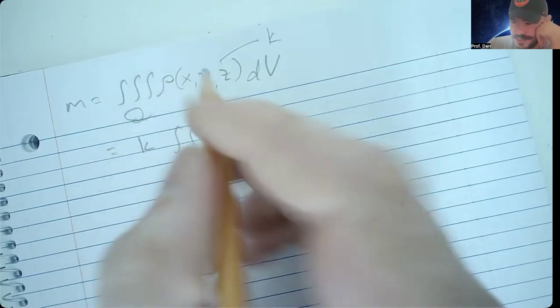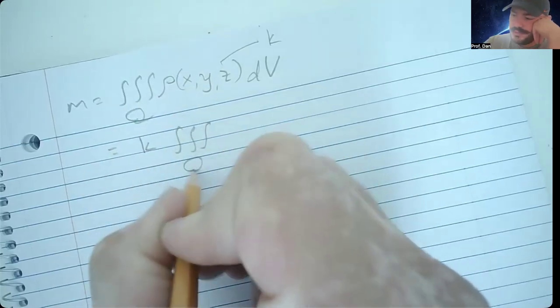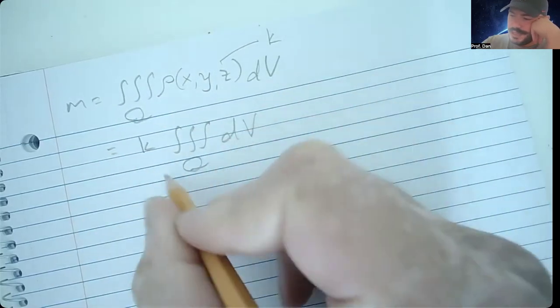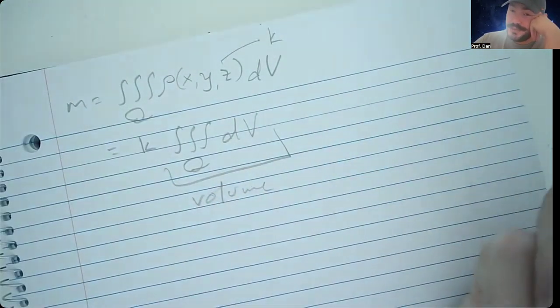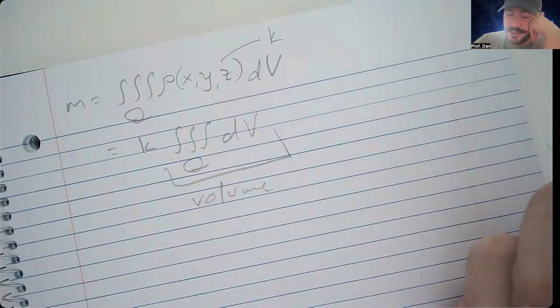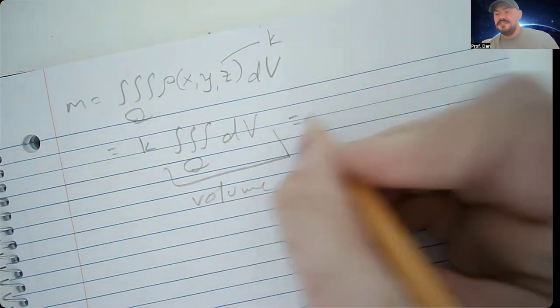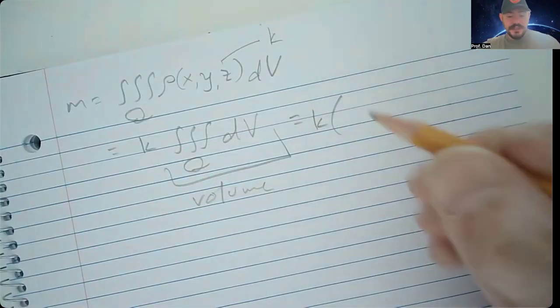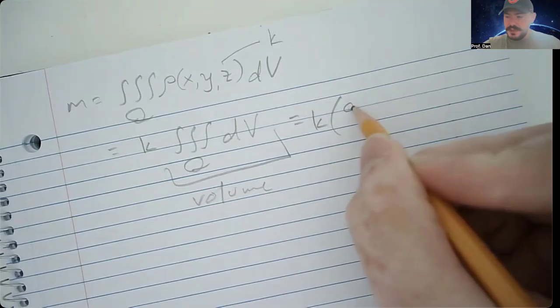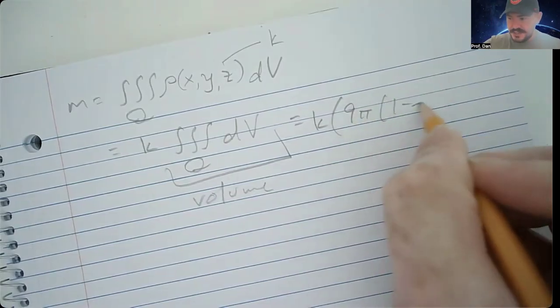I can pull it out front of the integral. And guess what this is, y'all? It's the volume. And guess what we found in the last example? We found the volume. So this is literally just going to be K multiplied by the answer that we got in the last problem. So it was 9 pi times 1 minus the square root of 2.